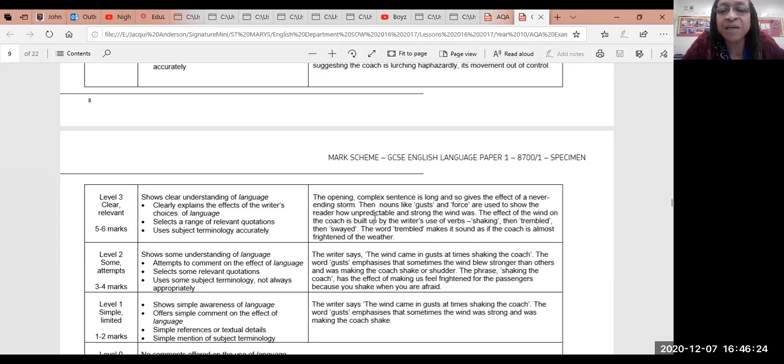For a level 3, you are identifying specific words. If you've identified specific words or language devices, then you are helping yourself to get into a higher level. Okay, so I'm going to ask you to pause, and then can you check over what you have done, and then we'll move on to question 3.